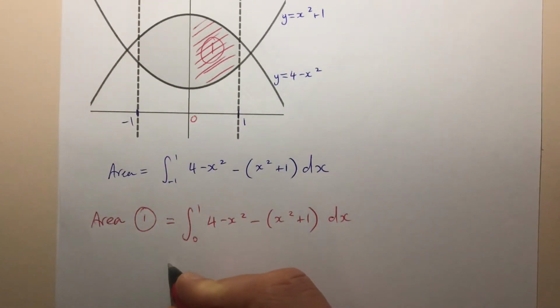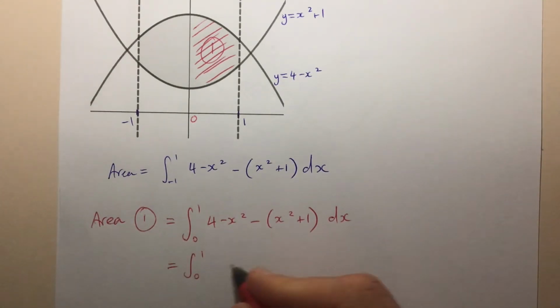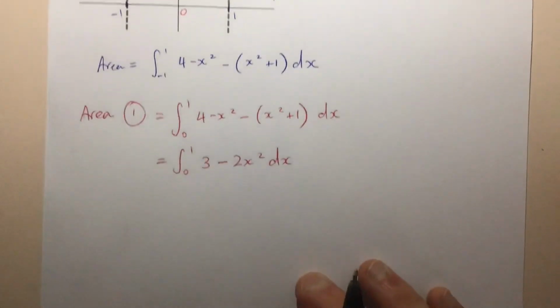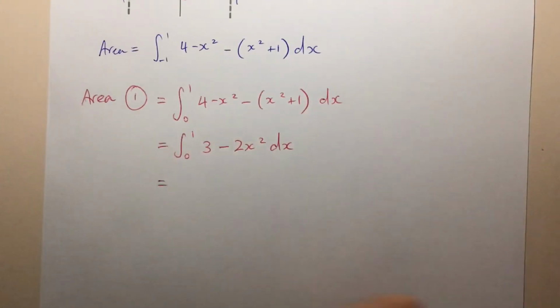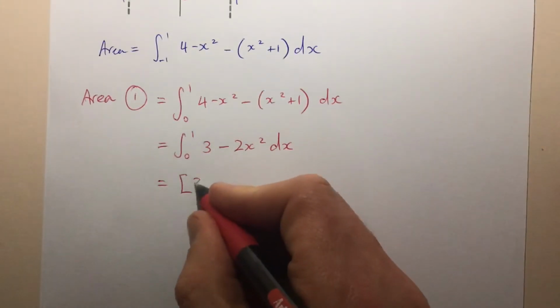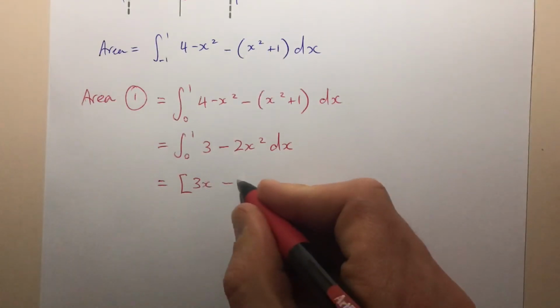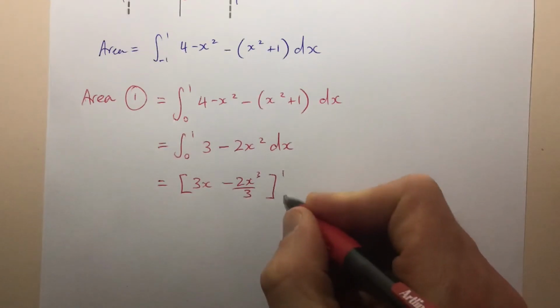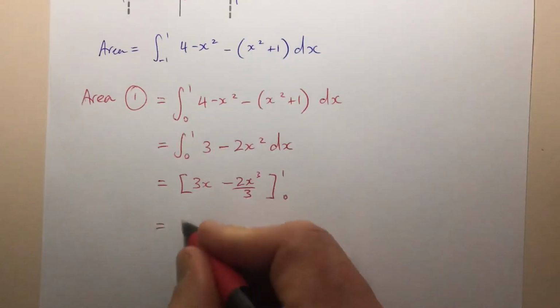And that's equal to, well, before we integrate, actually, let's simplify. So 4 minus 1 is going to give a 3, negative x squared minus x squared, so we're going to have minus 2x squared with respect to x. So simplifying first. And now if we evaluate this definite integral, well, 3 integrates to 3x, and the minus 2x squared becomes minus 2x cubed over 3. Okay, so we can now sub in x equals 1.